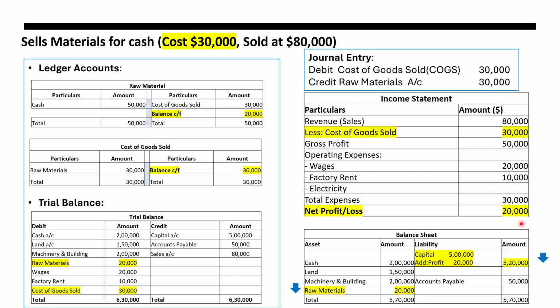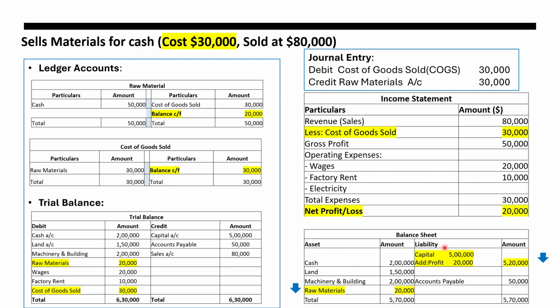So now Clue owes its owners or the shareholders 20,000, which is the profit that Clue has made, plus the original capital of 5 lakhs. So the liability of Clue to its shareholders is 5 lakhs plus 20,000, which is 5,20,000.